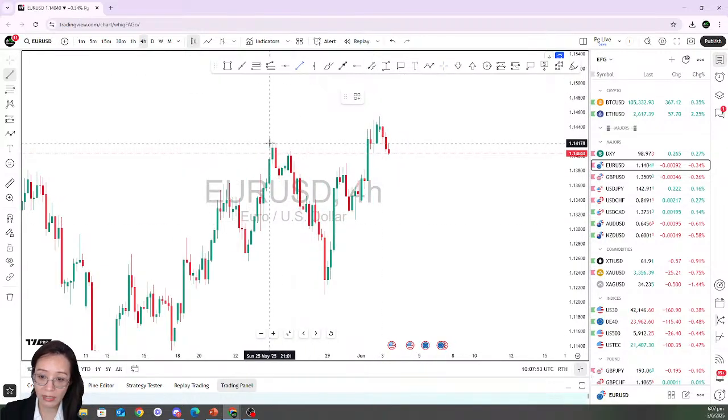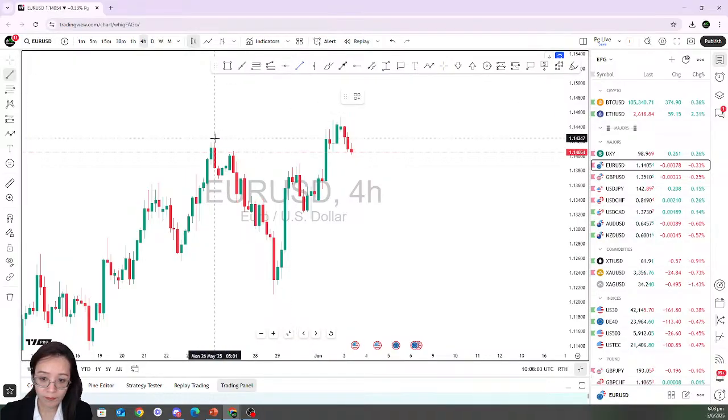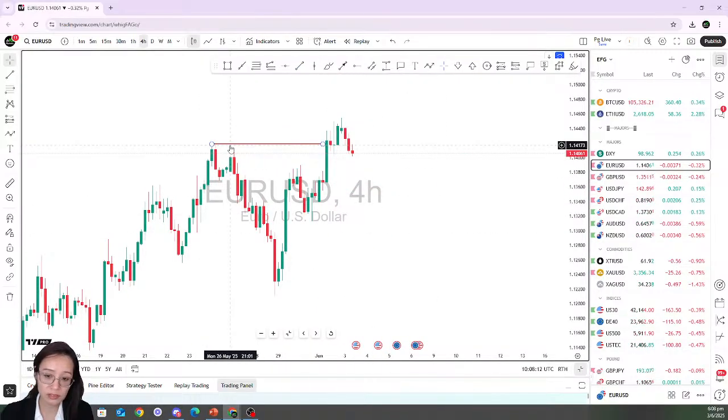Before that, we would identify this as our resistance level, right? If you just trade purely based on support and resistance, likely you will fail.